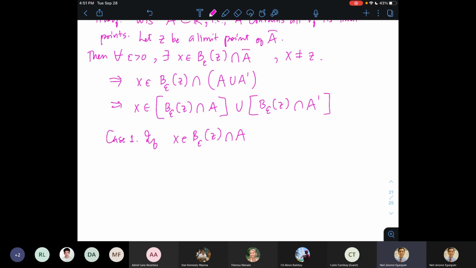Kung dito nanggagaling si X, anong ibig sabihin nito? Alam ko si X ay iba kay Z, pero si X ay nasa intersection ng epsilon neighborhood ni Z at saka ni A. So what can I infer from this statement?